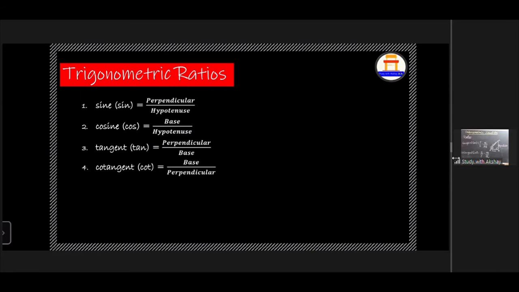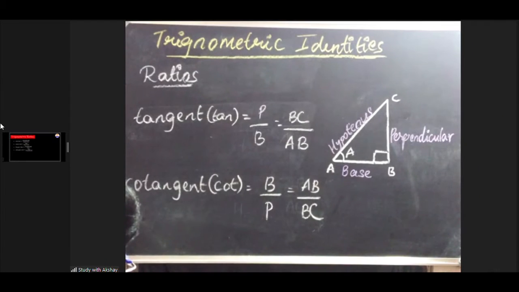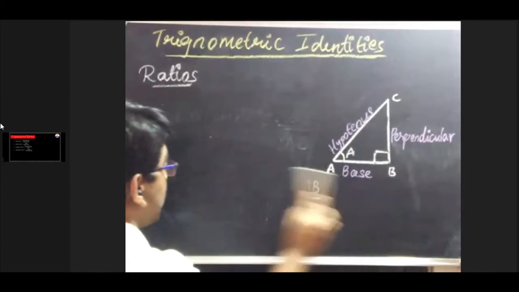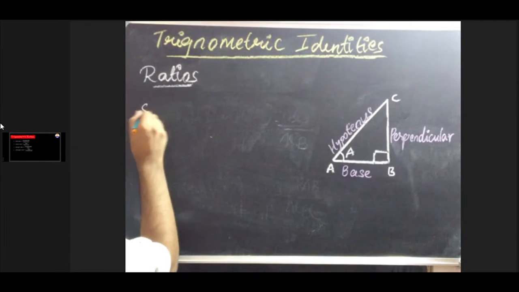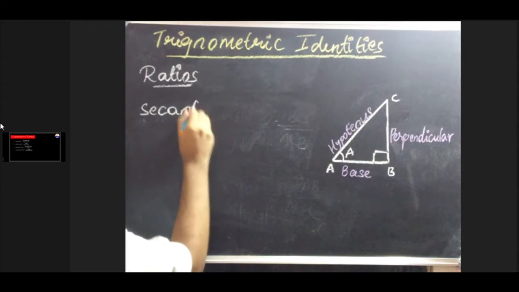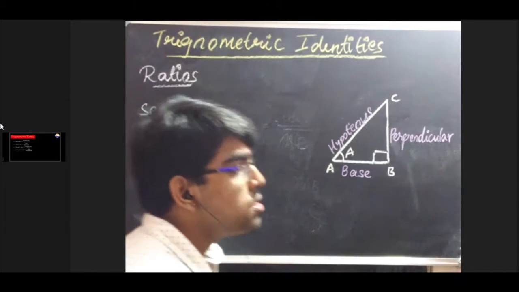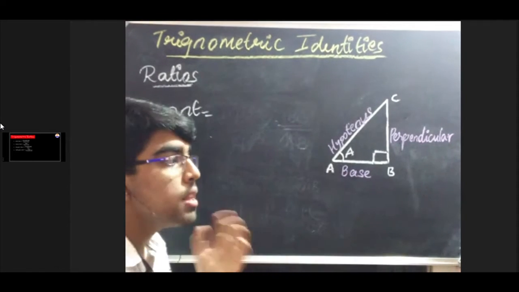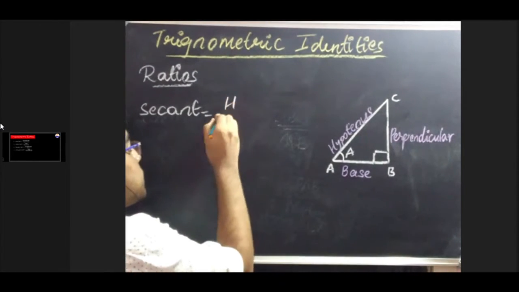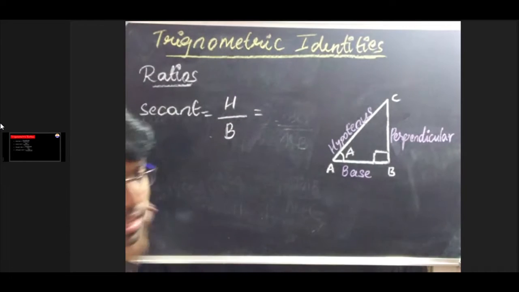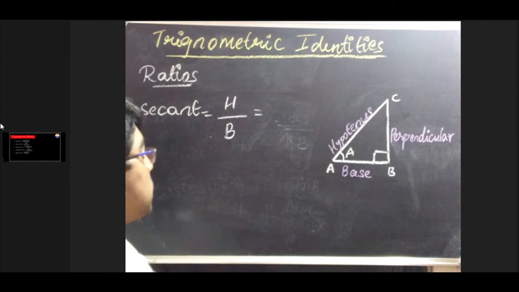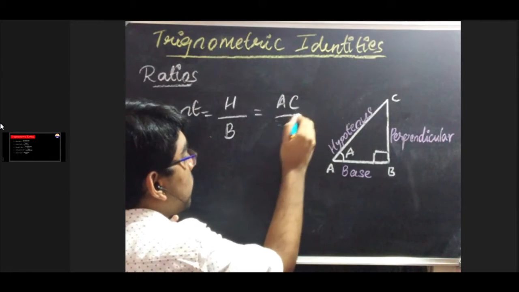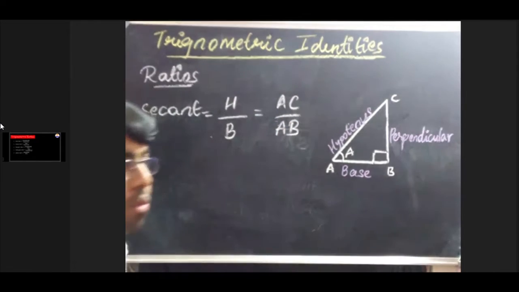Yeah, it is the same. Next two ratios. Secant. Secant is given by hypotenuse divided by base. So the other way around is AC divided by AB.